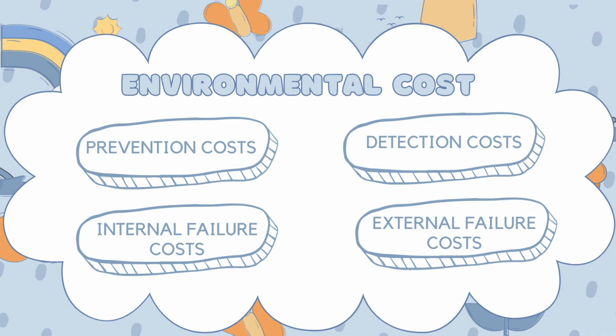Environmental costs are categorized into four, namely prevention costs, detection costs, internal failure costs, and external failure costs. Companies are very aware that currently they not only need to prioritize profits, but also need to prioritize the human resources who work in them and develop environmental conditions.